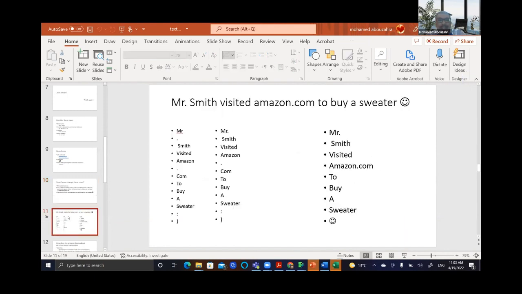The first time we go through the data, the parser will work naturally. It will separate Mr. without a dot, and the dot will be a different word, then Smith, then visited, and then Amazon is a word, dot is a word, com is a word. To buy a sweater.